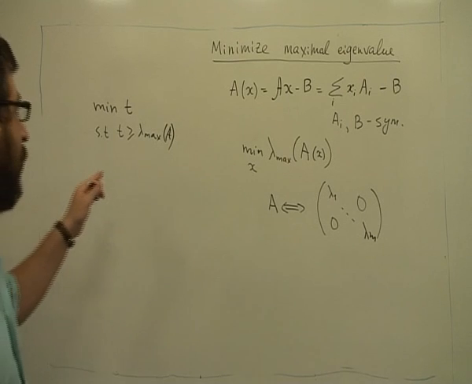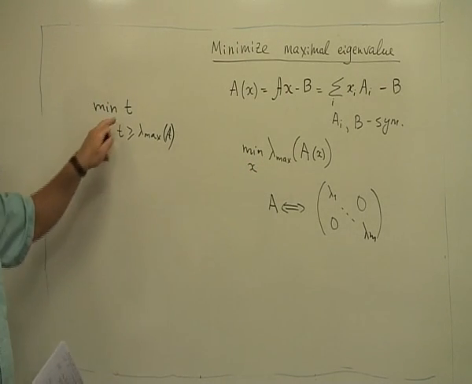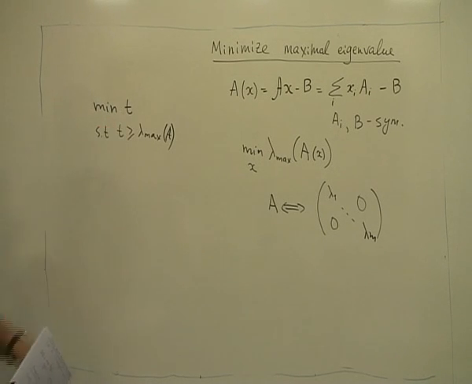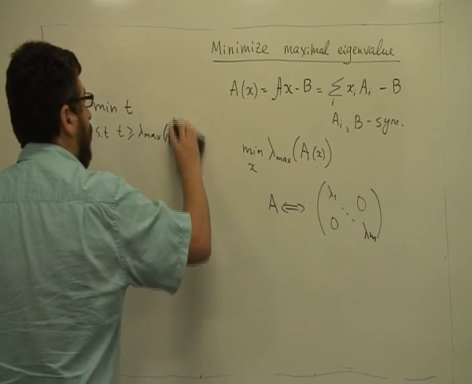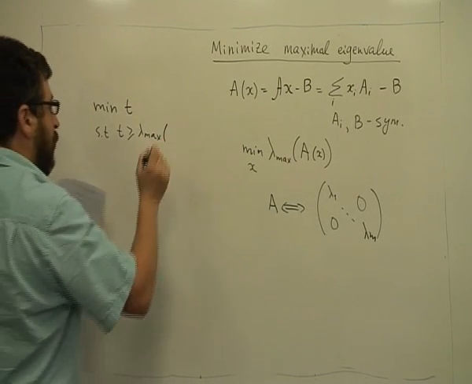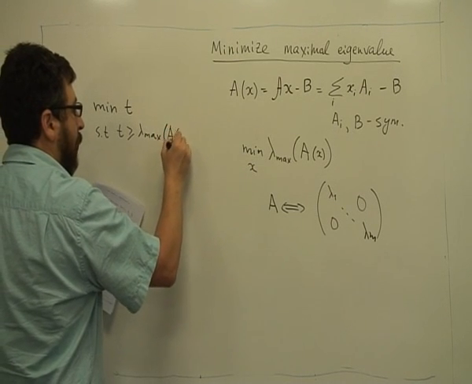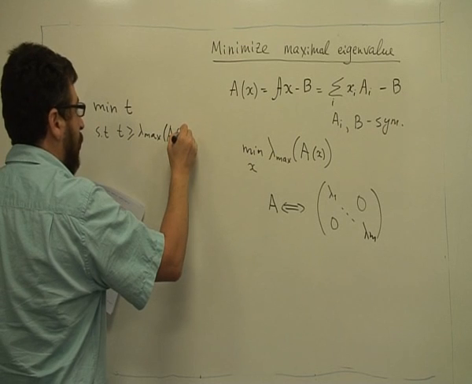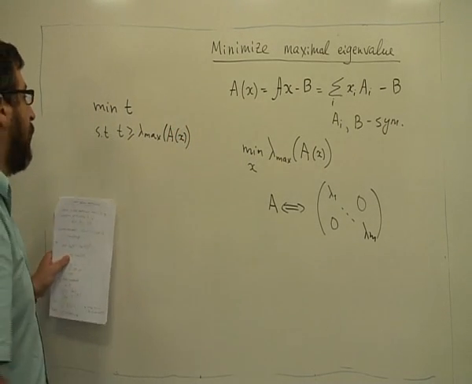And I can write my problem, minimize lambda max, as minimize some scalar t. Let me write here all variables. Subject to t larger than lambda max of A(x).